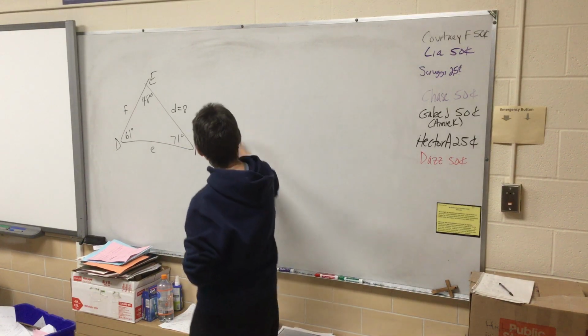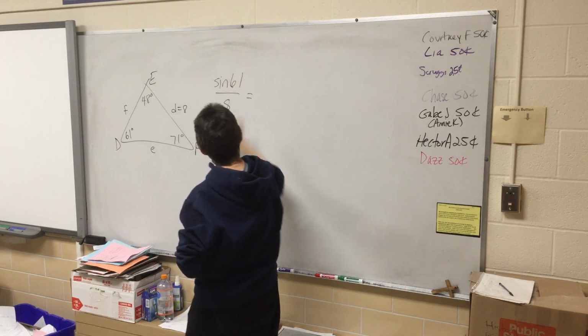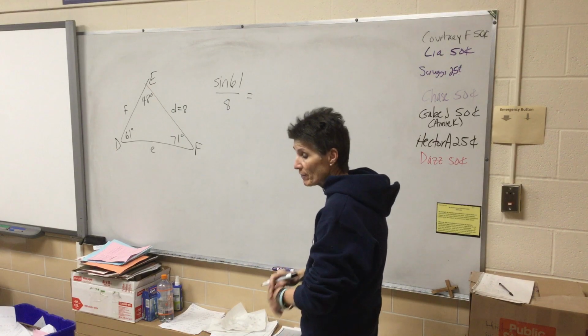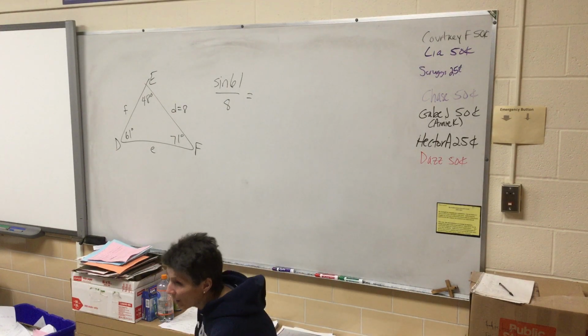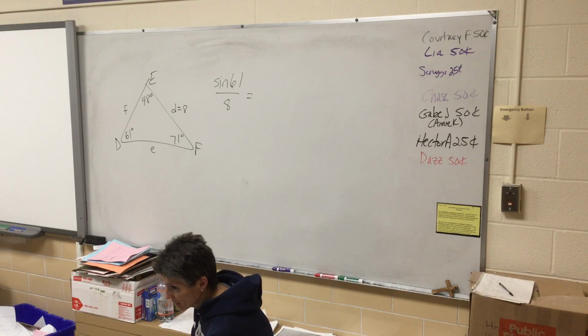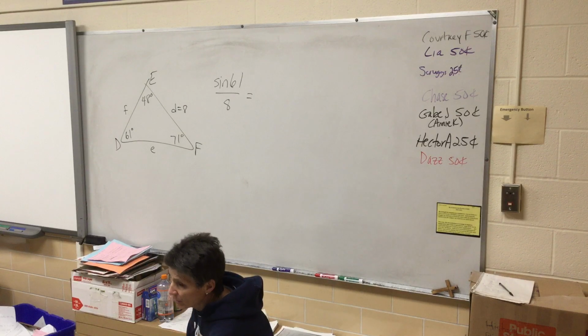D. Yep, so you're going to start with sine 61 over 8. If you're doing the law of sines, you will always have a pair. If you don't have a pair, like D and D or E and E, then the law of sines is not going to work. So we always look for that pair first.